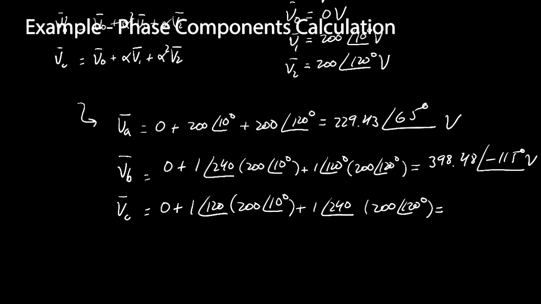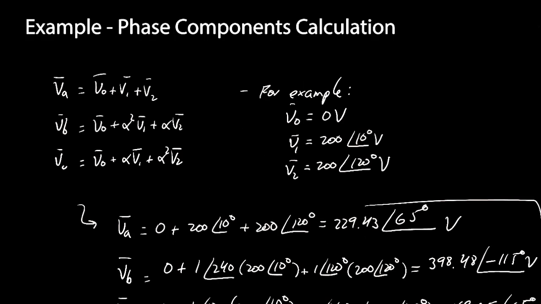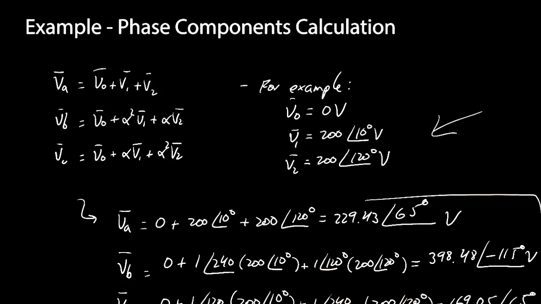And if we calculate all of this, we would get that the C phase voltage is equal to 169.05. And let me rewrite this. This should be a 5 at an angle of 65 degrees. So now we've calculated all the three phase voltages from the sequence voltages using these equations.